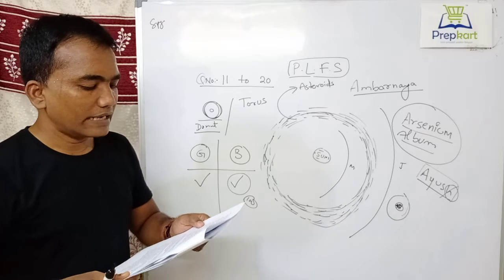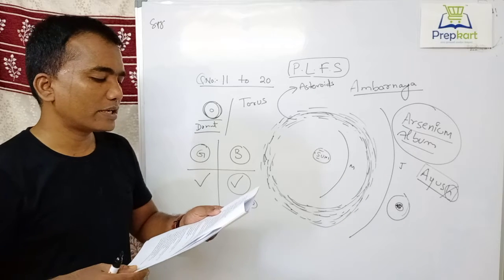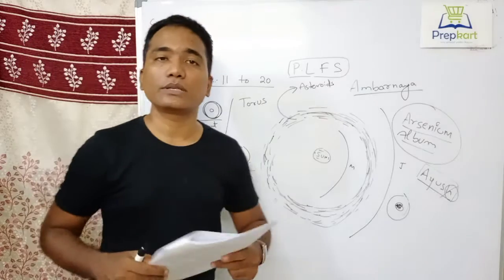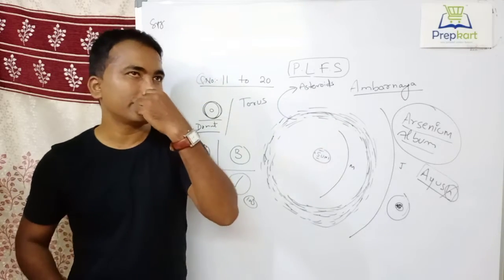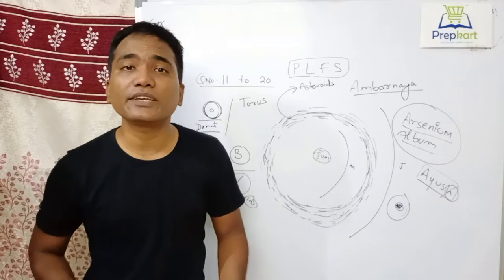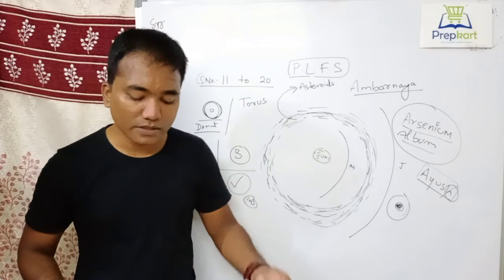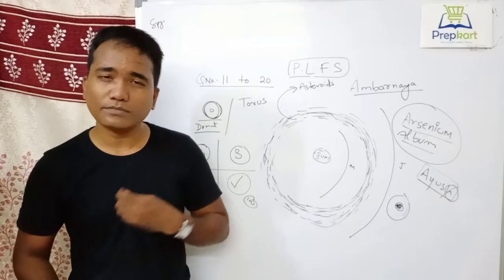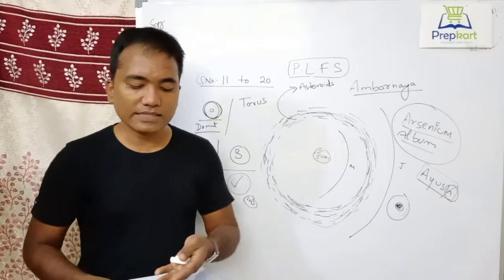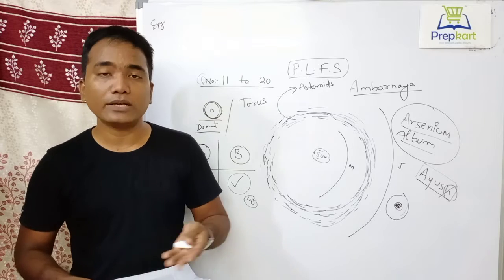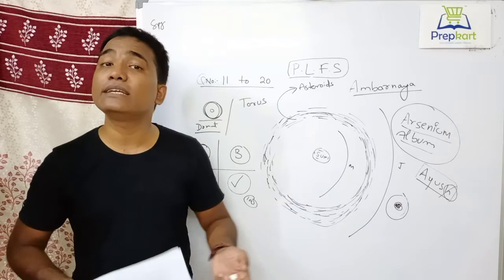Next, the 19th one, what is the strategic importance of Kohala hydropower project? Now, in terms of international relations, you take in terms of internal security, you take in terms of geography, you take in terms of economy, this has a very significant role to play, Kohala hydropower project, because it is on Jhelum river.